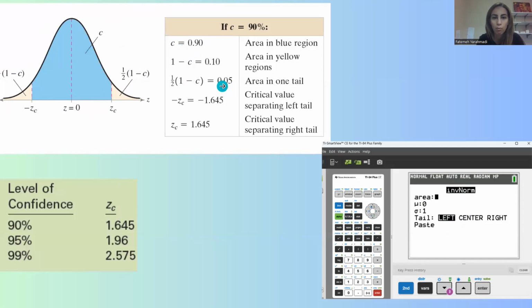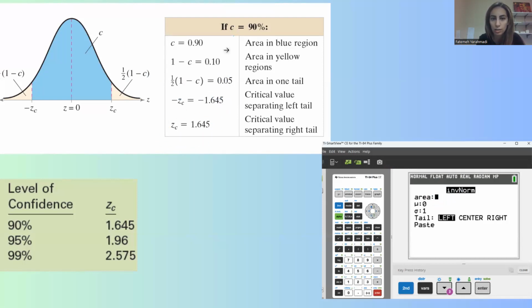Take a look. 0.05, 5% on the left, 5% on the right. When you're using your calculator, second vars, inverse norm, when you enter the area 5%, the z-score is going to be 1.645. That's how we find the critical value.